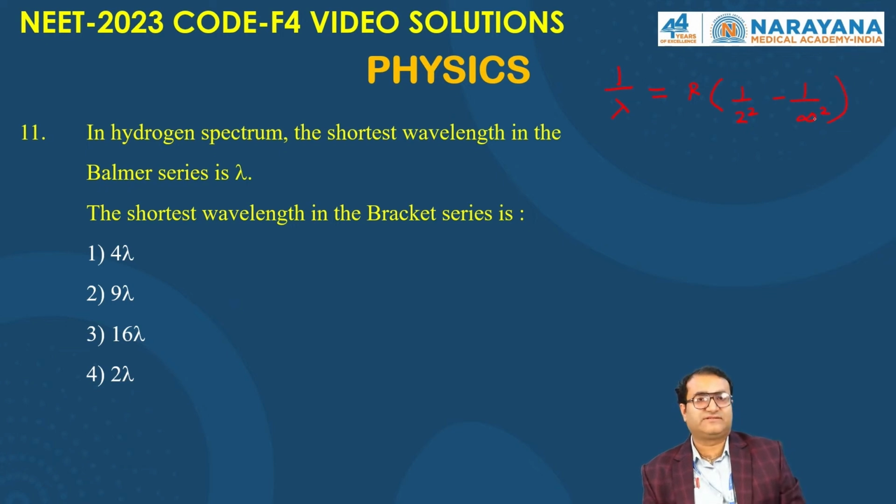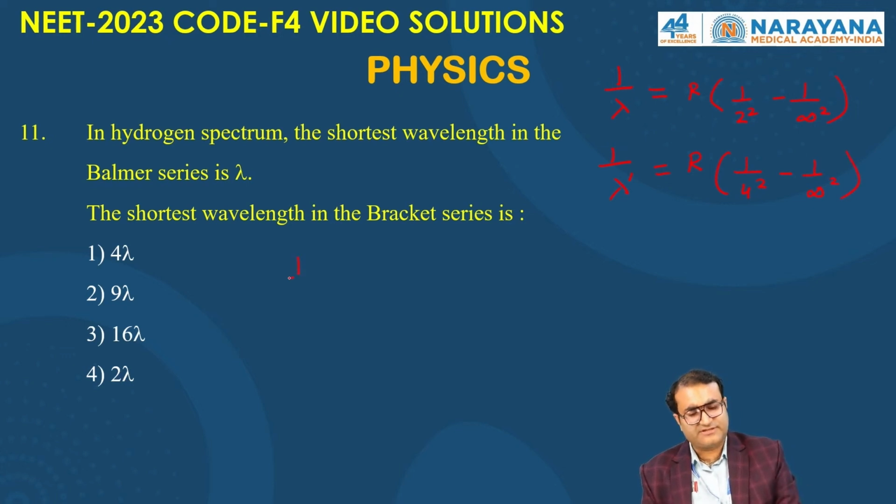This is for the Balmer series. And for the shortest wavelength in the Brackett series, let the wavelength be lambda dash: 1 by lambda dash is equal to R, n is 4 here, so 1 by 4 square minus 1 by infinity square.